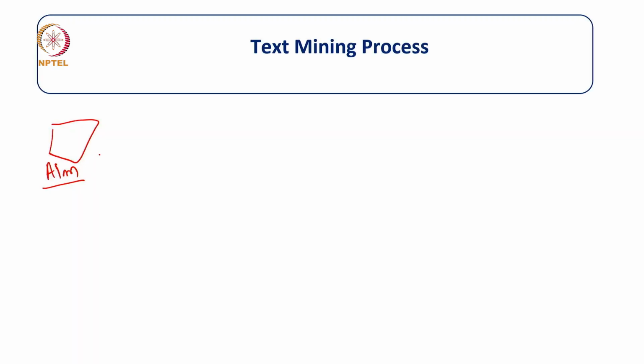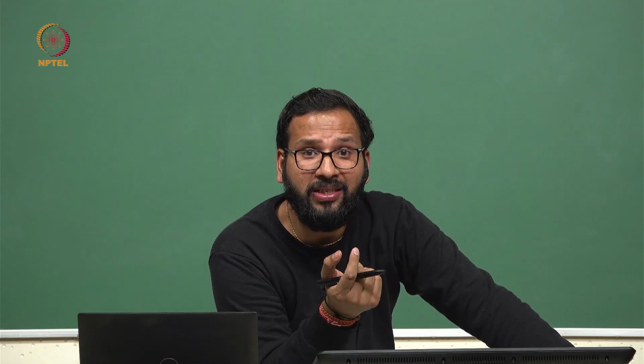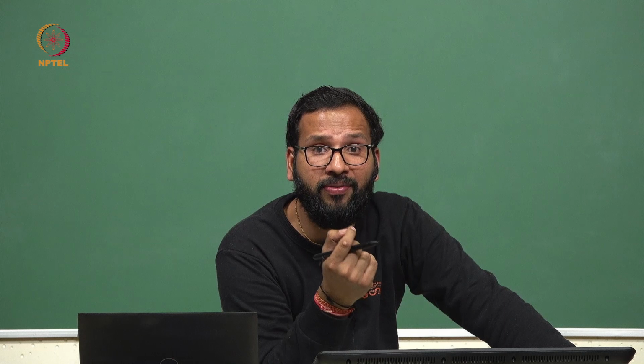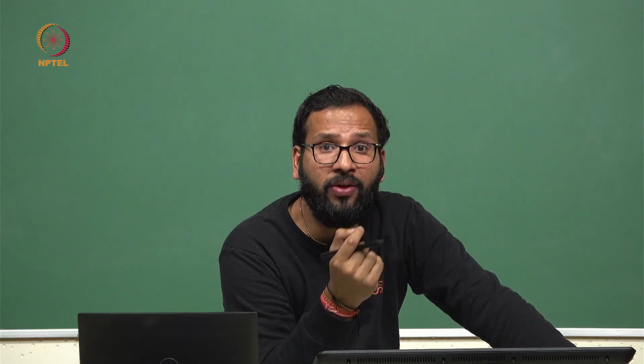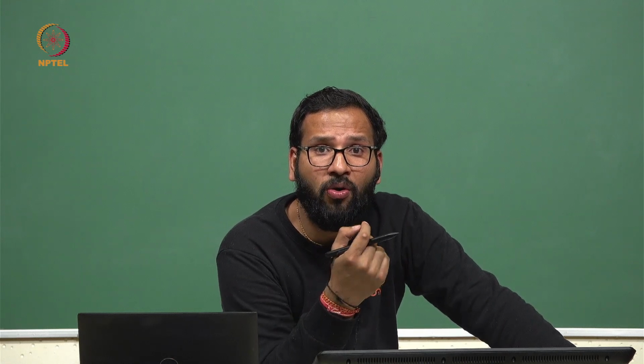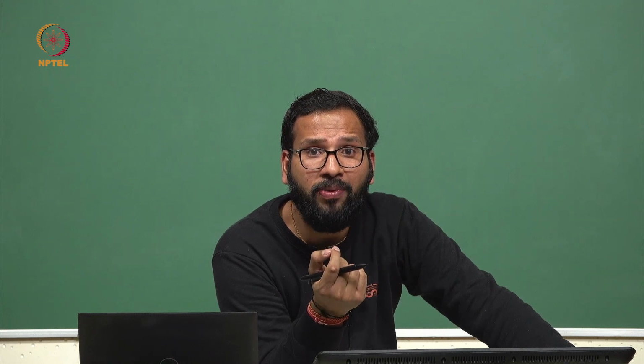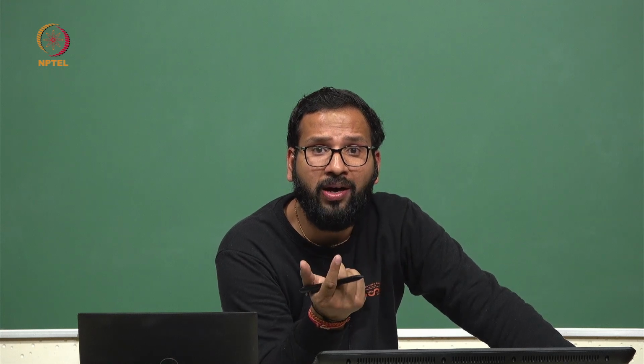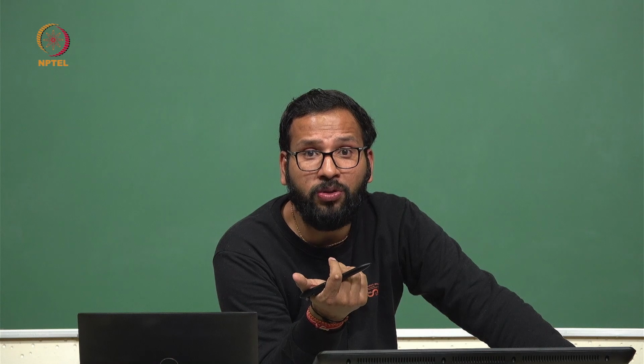Okay, so after defining our aim, the next step is to select the data source. What exactly is a data source? Data source is where we will be extracting our data. If we are doing the analysis on an online platform or online discussion forum like Stack Overflow or Quora, our data source will be those platforms.